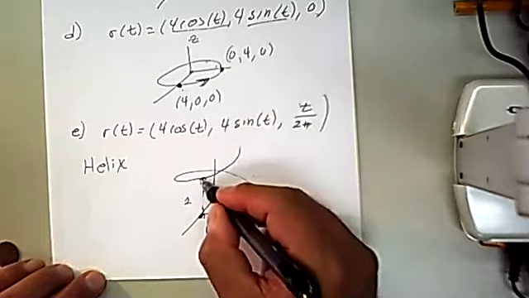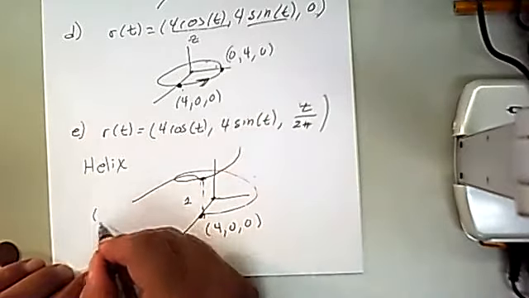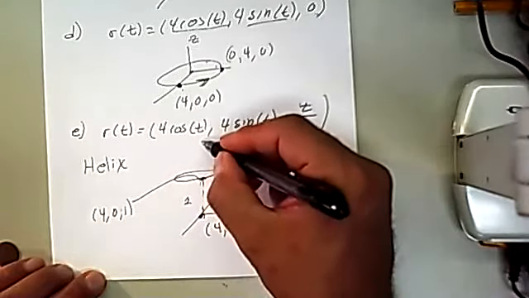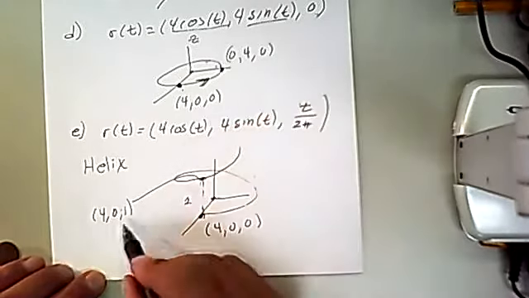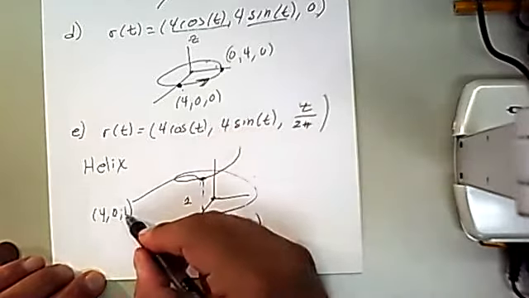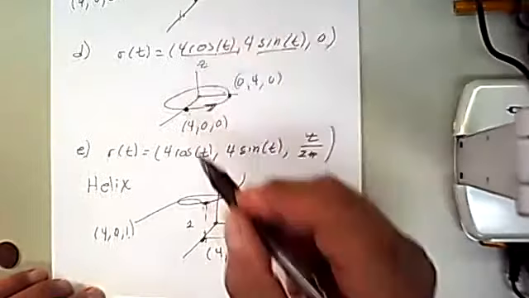So this point down here, let's write down its coordinates, is 4, 0, 1. And every time you go around and line up with the same point, we're going to end up with 1 more unit. So 4, 0, 1, go around 4, 0, 2, go around 4, 0, 3, go around 4, 0, 4, and so forth.